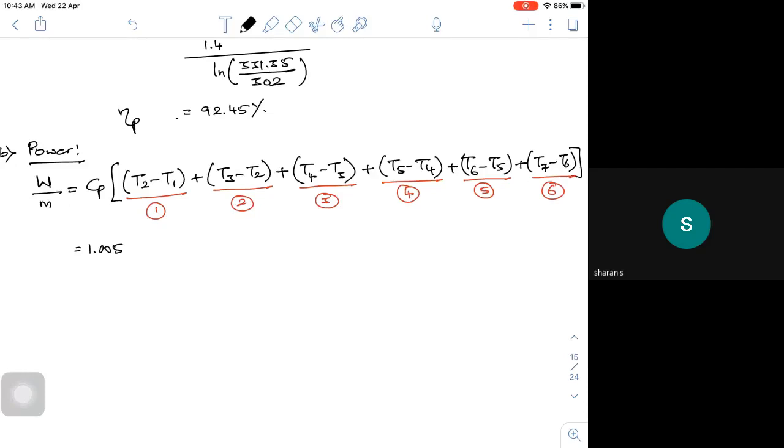So T2 is 331.35 minus T1, which is 302. Plus T3, which is 359.85, minus T2, which is 331.35.